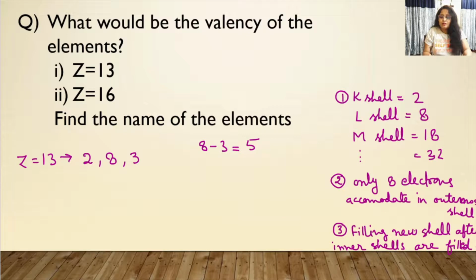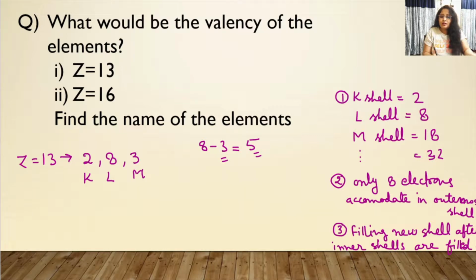For achieving its octet, the third shell is the M shell, we can say K, L, M. In the M shell, which is the valence shell in this case, to achieve the octet, either this element will take 5 electrons or it will leave 3 electrons.